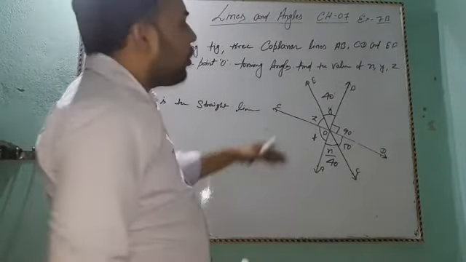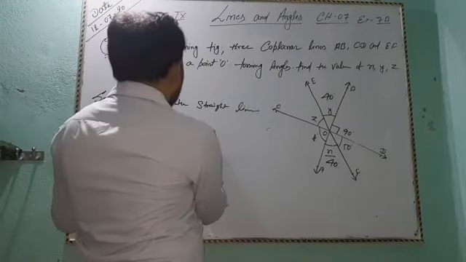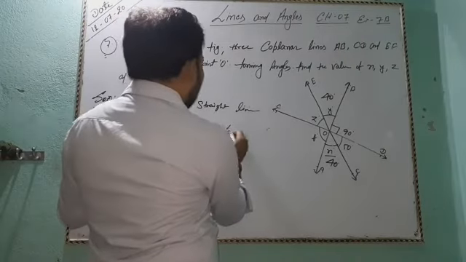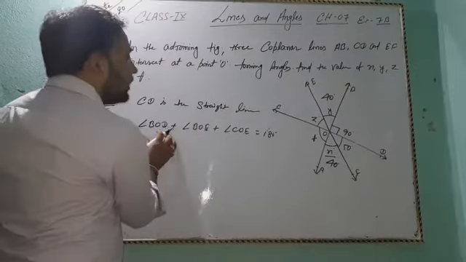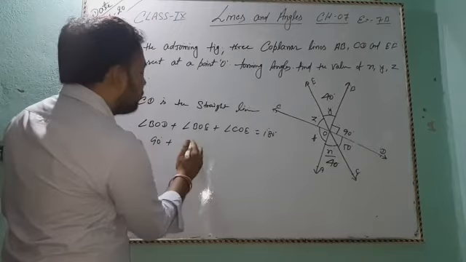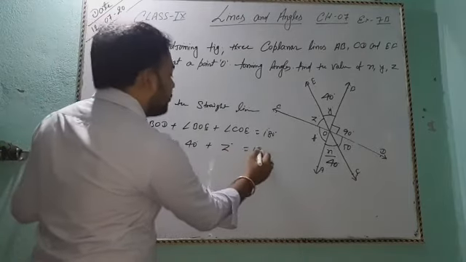So we write angle BOD plus angle BOE plus angle COE equal to 180 degrees. So angle BOD equals 90 degrees plus angle BOE equals 40 degrees plus angle COE equals Z equal to 180 degrees.